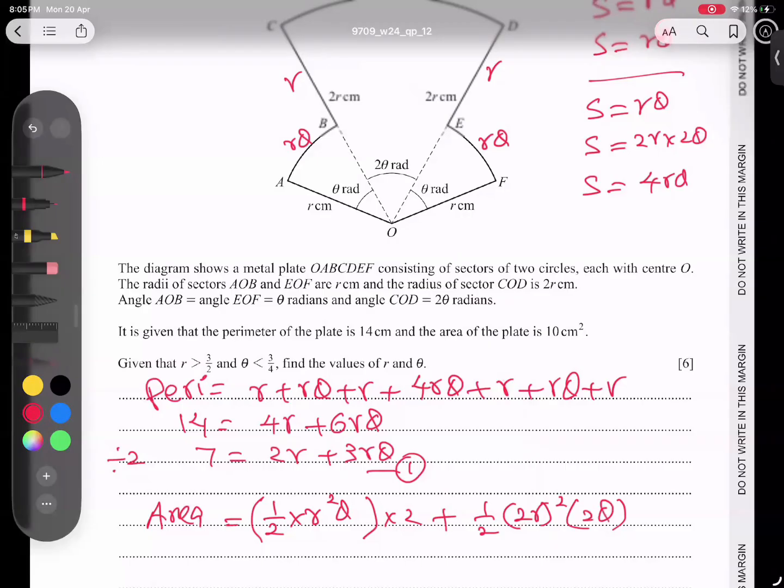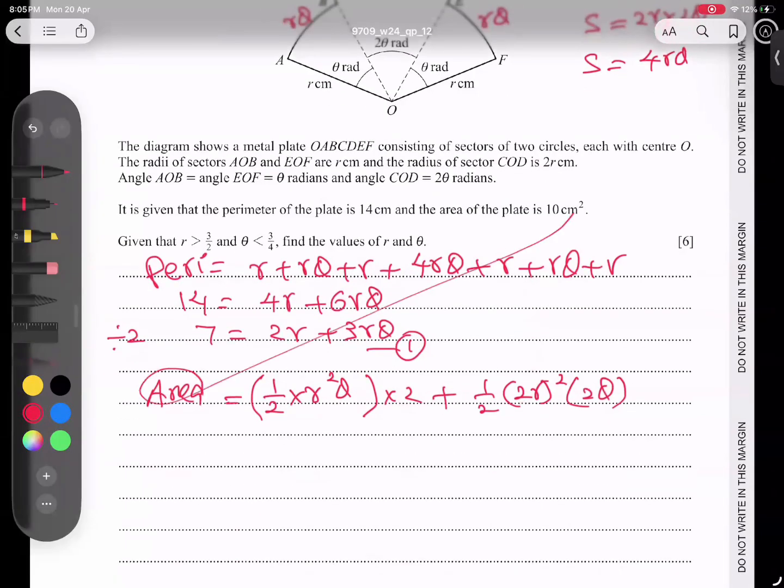So there is a lot of chance of mistakes here. The area is 10. These cancel out, these cancel out. So 2 squared is 4 and r squared theta. Finally I get 5 r squared theta. Let me check again. Yes, clear.